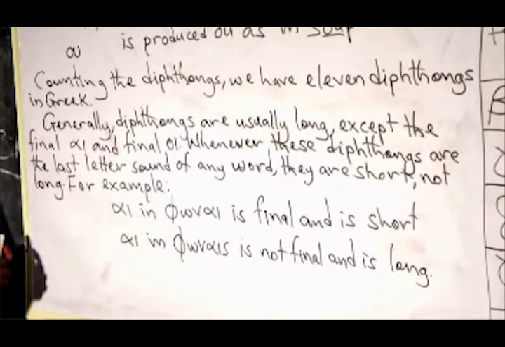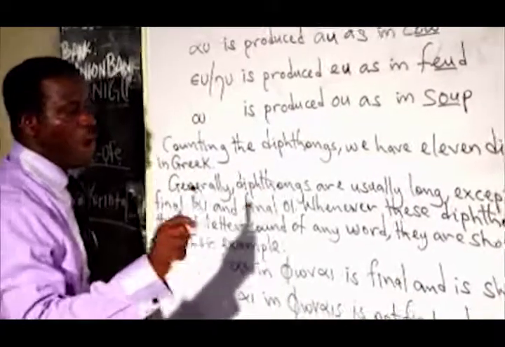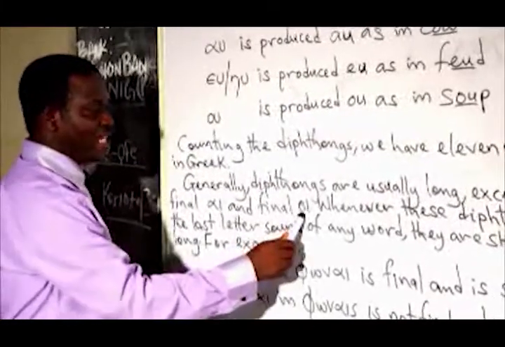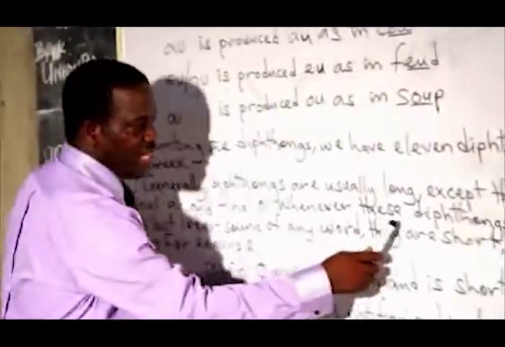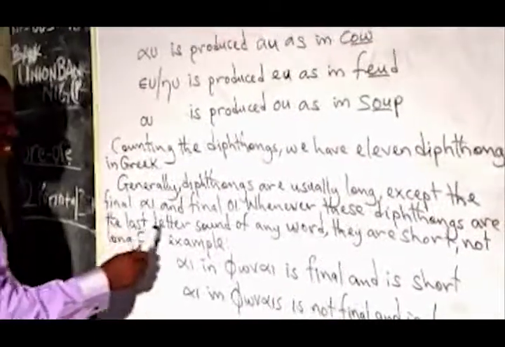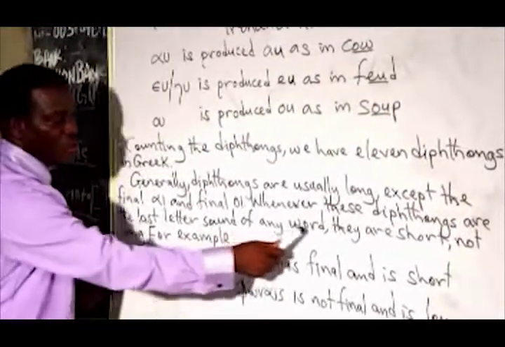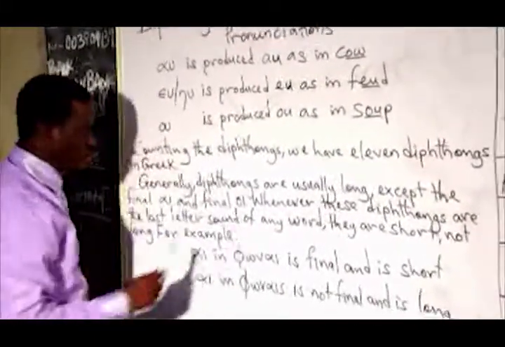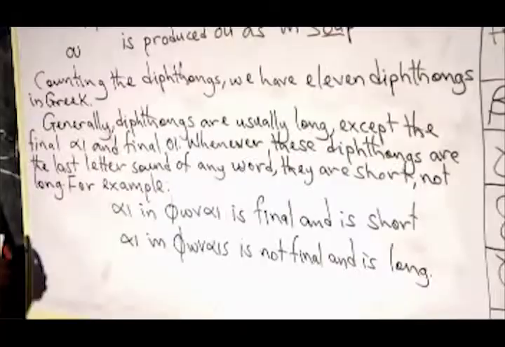Generally, diphthongs are usually long, except final AI and final OI. In other words, when AI and OI are final letters in a word, they are considered to be short. Whenever these diphthongs are the last sound of any word, they are short, not long.